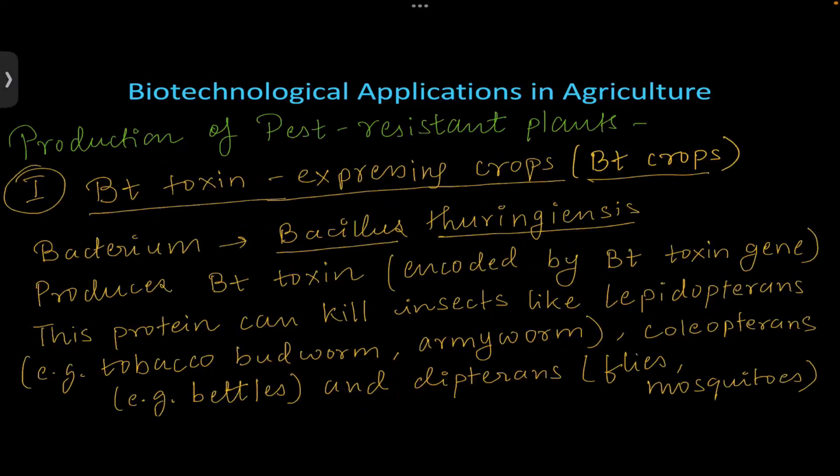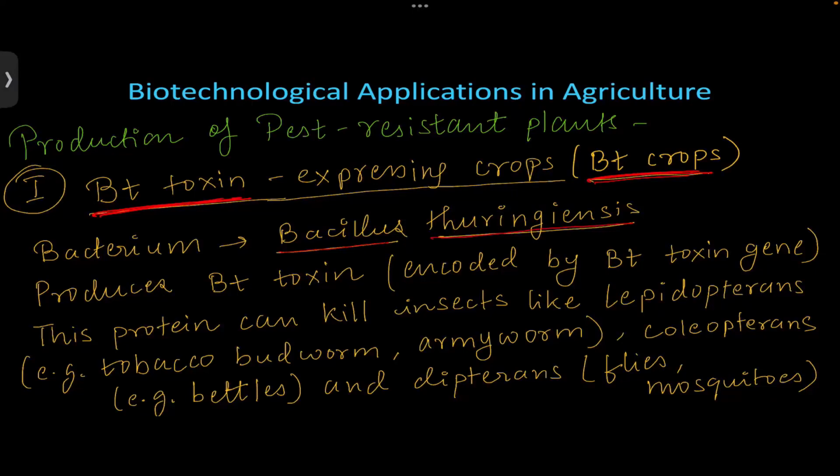Now, a few examples of how biotechnology has been applied for improving crop varieties. First example is Bt crops, or the crops which are expressing the gene for Bt toxin. So this Bt toxin gene is isolated from a bacterium called Bacillus thuringiensis, also called B. thuringiensis.